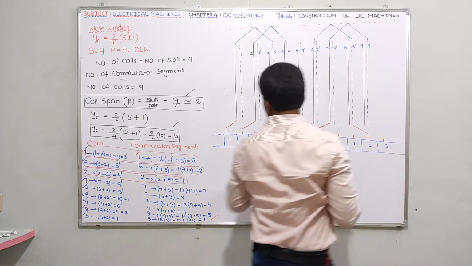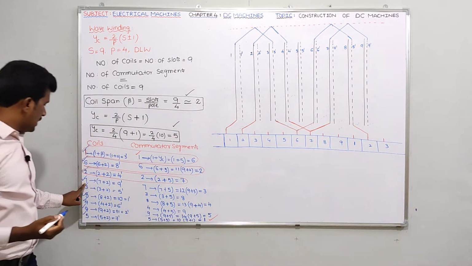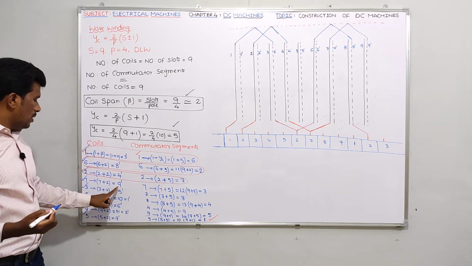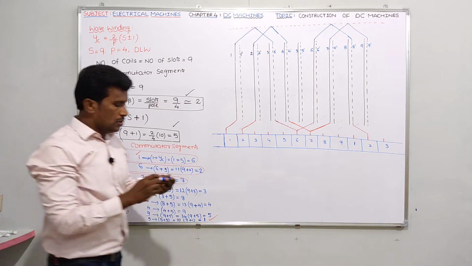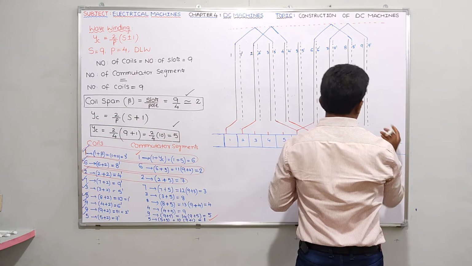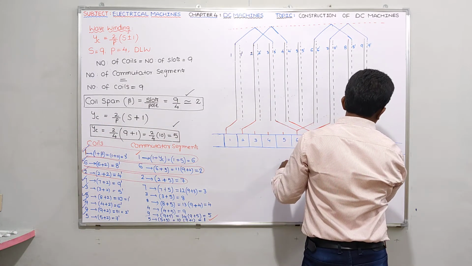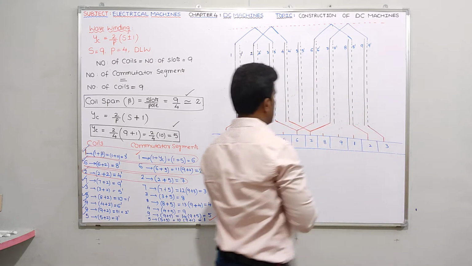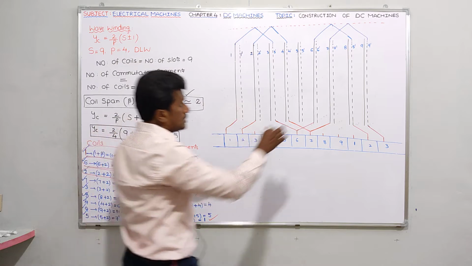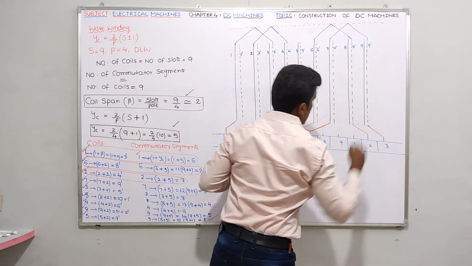Okay, and one more thing. If the 7th conductor is connected to the 7th segment, what about 9 dash? The 9 dash conductor is connected to the 3rd segment. So here 9 dash is the conductor, and it is connected to the 3rd segment.